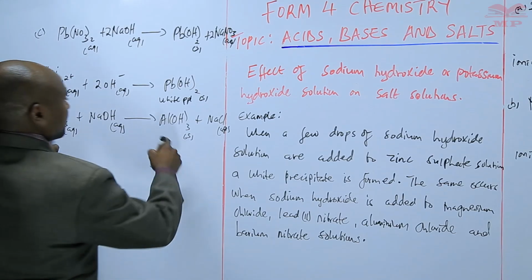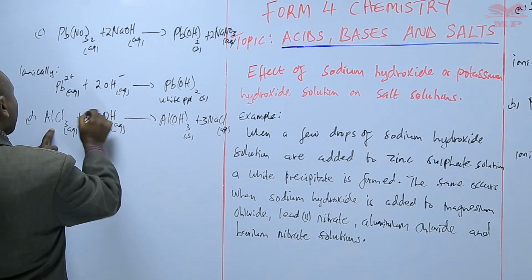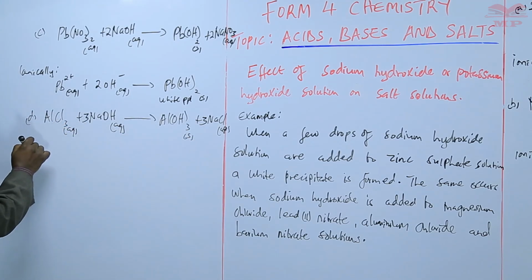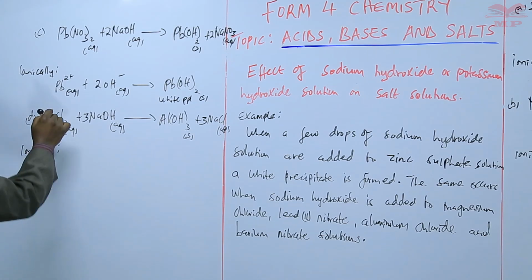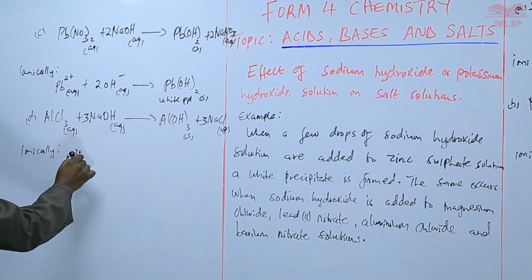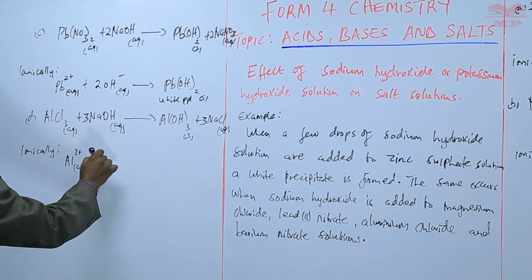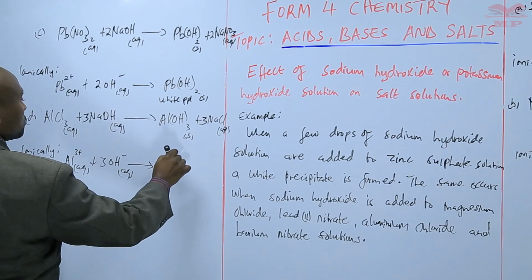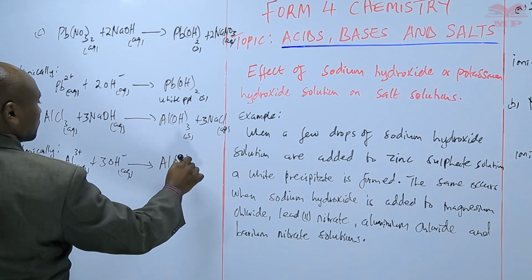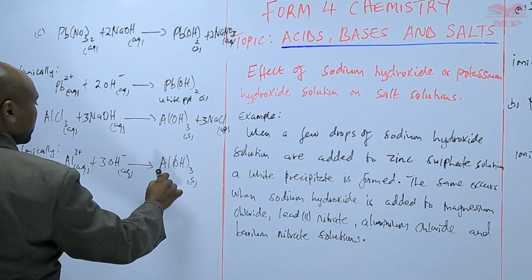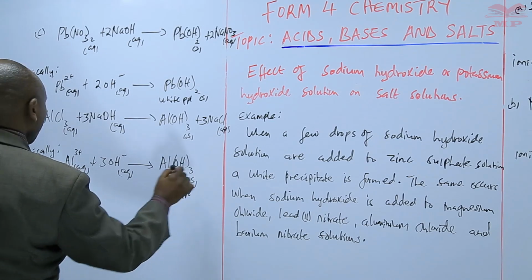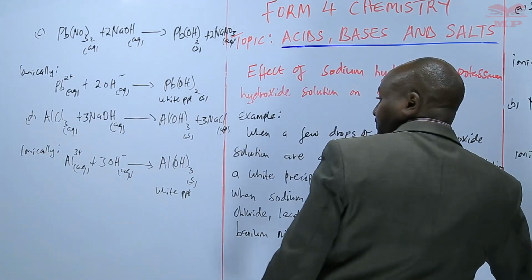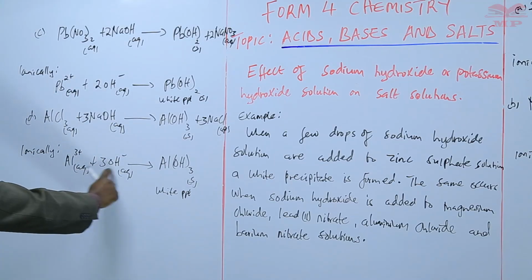We balance the 3 sodium, and then ionically, aluminium ions plus 3 hydroxide ions form aluminium hydroxide, which is still a white precipitate. All these form white precipitates. Make sure that it's balanced.